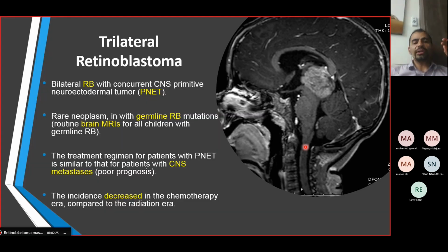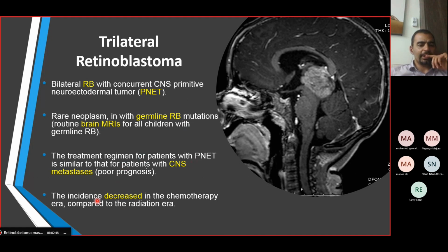Quick word about the trilateral retinoblastoma. It's another tumor that arises from the primitive neuroectodermal tumor, but it's present in the CNS rather than in the eyes. Usually it happens in germline retinoblastoma mutation, and usually it's in the pineal body.